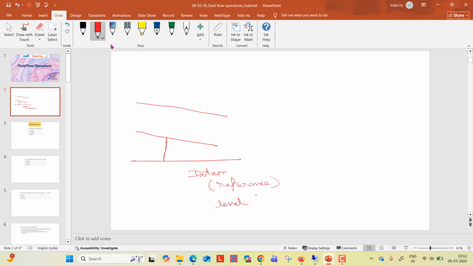This is Z0. This portion of the channel is the depth of the channel, which is defined by H, and which is nothing but the pressure head and the static head, right?